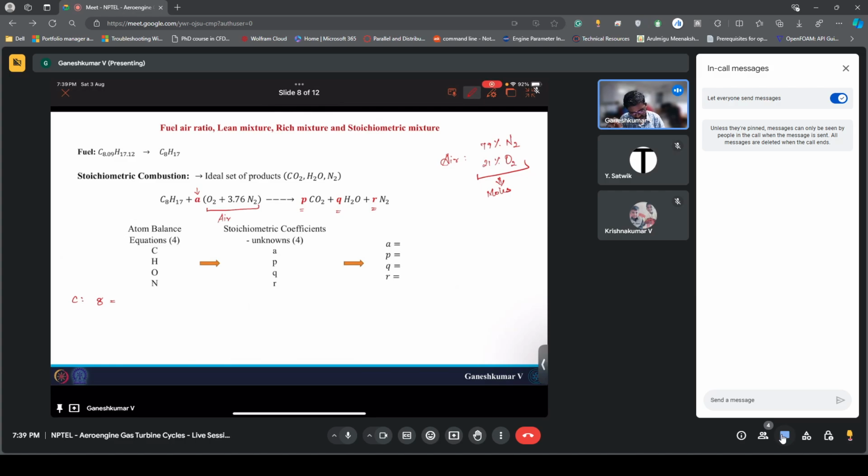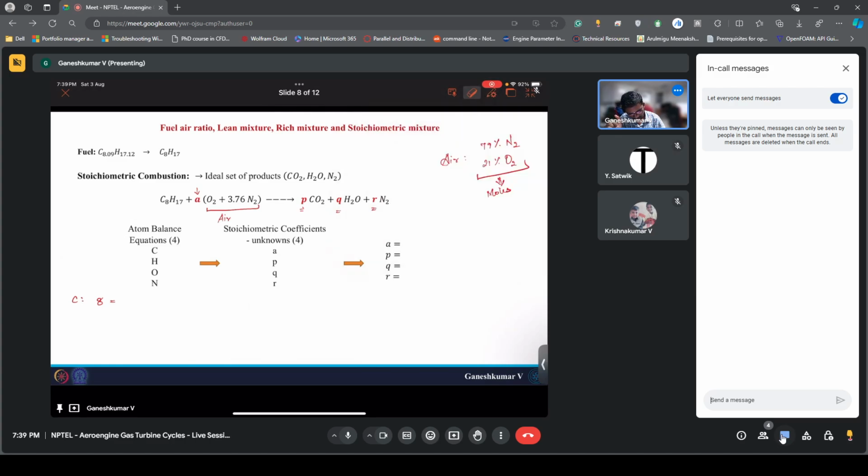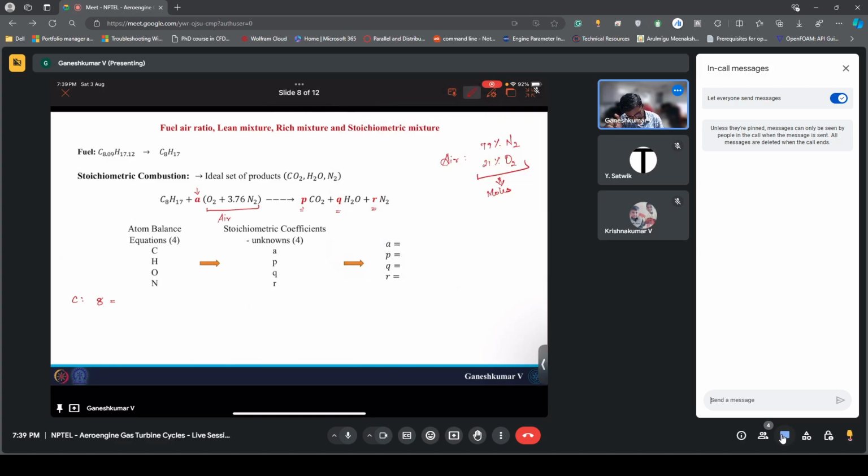On your right hand side you have, you have one carbon dioxide, so it will be just P. So this is the atom balance equation for C. So P is equal to 8, which you can automatically write.